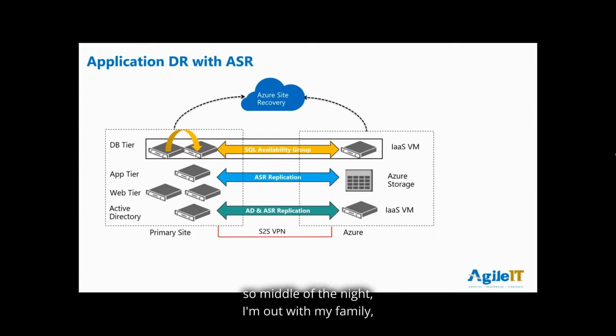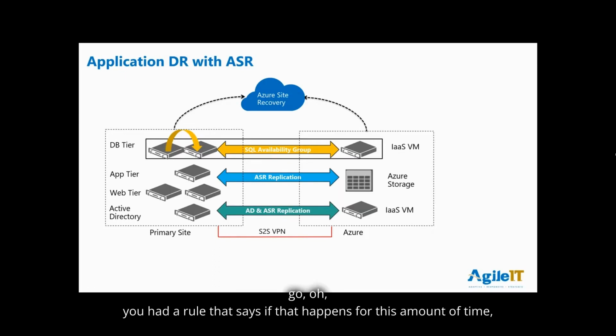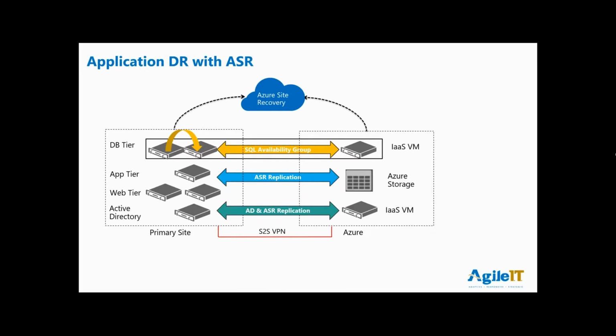So middle of the night, I'm out with my family, we've got to get out of here, and the server dies. ASR in the cloud has seen that interruption, and I had a rule that says if that happens for this amount of time, kick things on now and get it turned on. So as an IT person, I don't have to deal with that. This is where the cost benefit is. That VM wasn't running, it got spun up on the policy, and now it's running on that site.